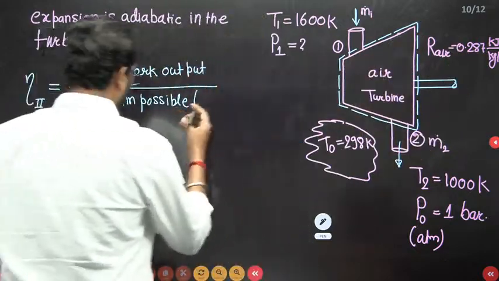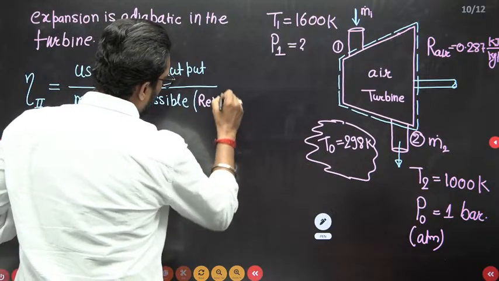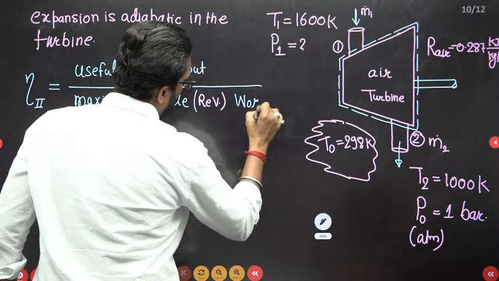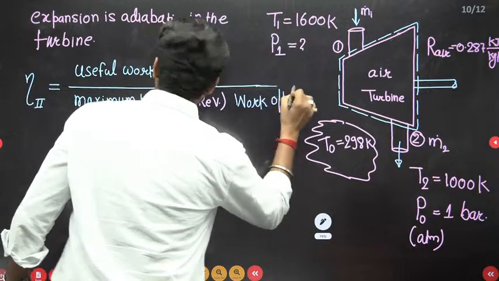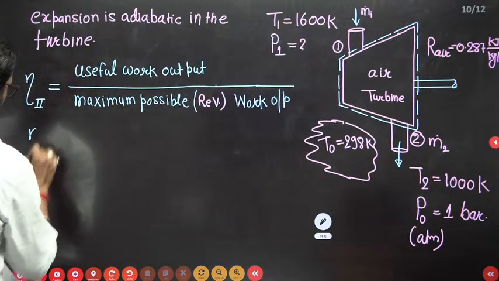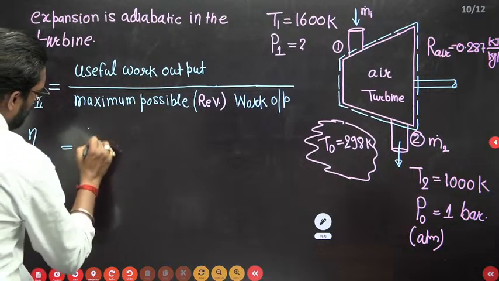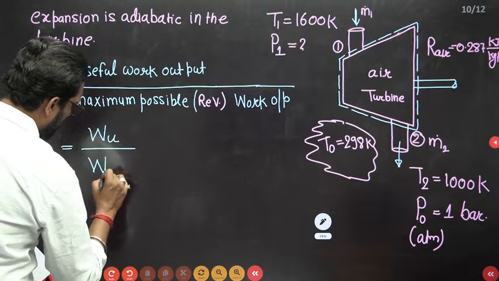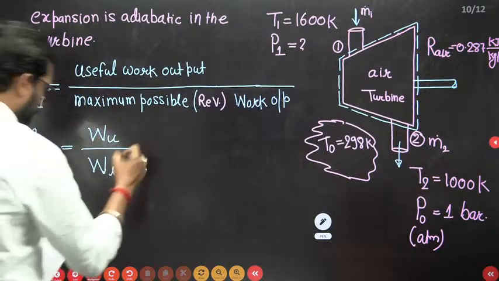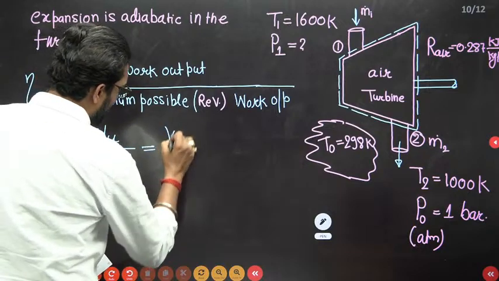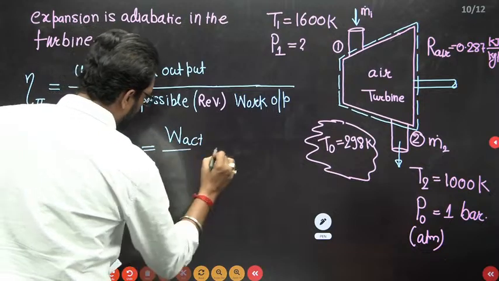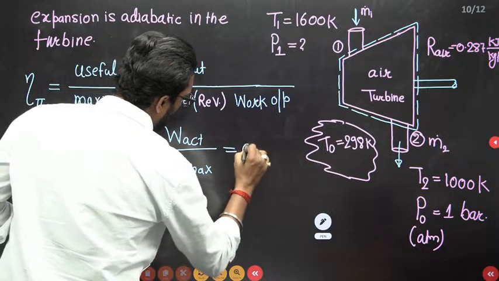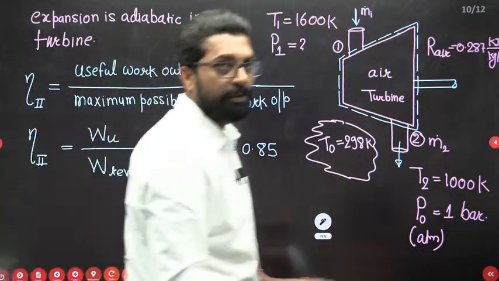That means this is the reversible work output. So second law efficiency is useful work divided by reversible work. You can also write this as actual work obtained divided by maximum work. And this is given as 0.85.